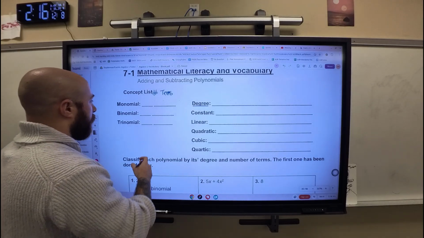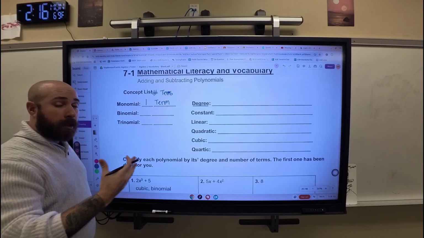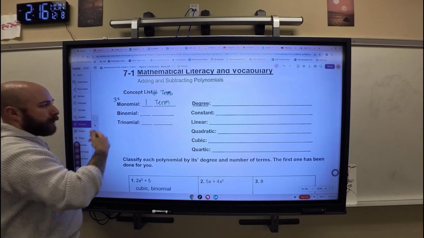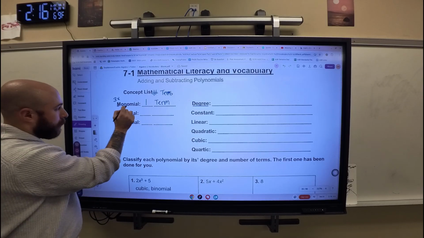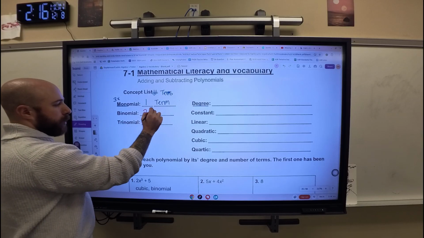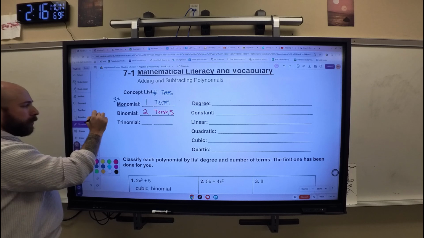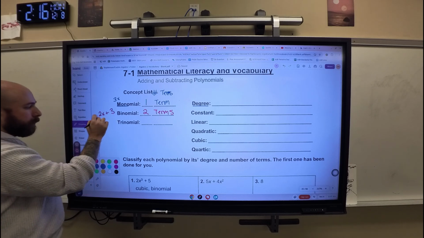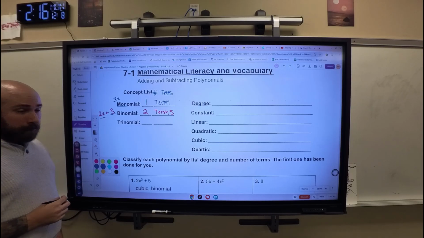If I have one term in my entire polynomial, an example of that would be like 3x, that is just one term. That is a monomial, mono being the prefix for 1. If I have two terms, something like 2x plus 3, there are two different terms separated by a plus sign.